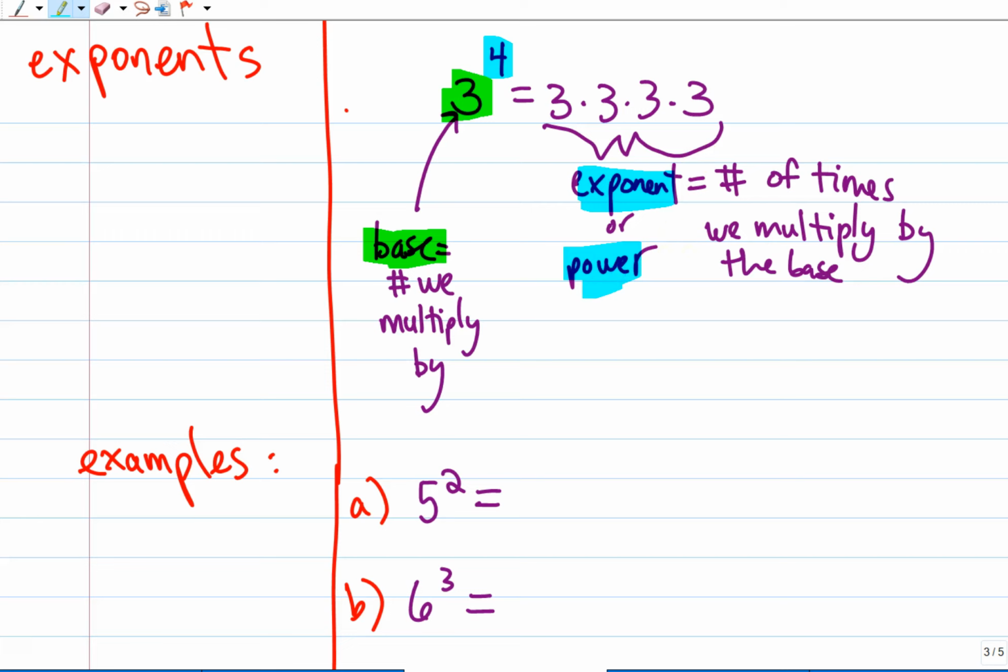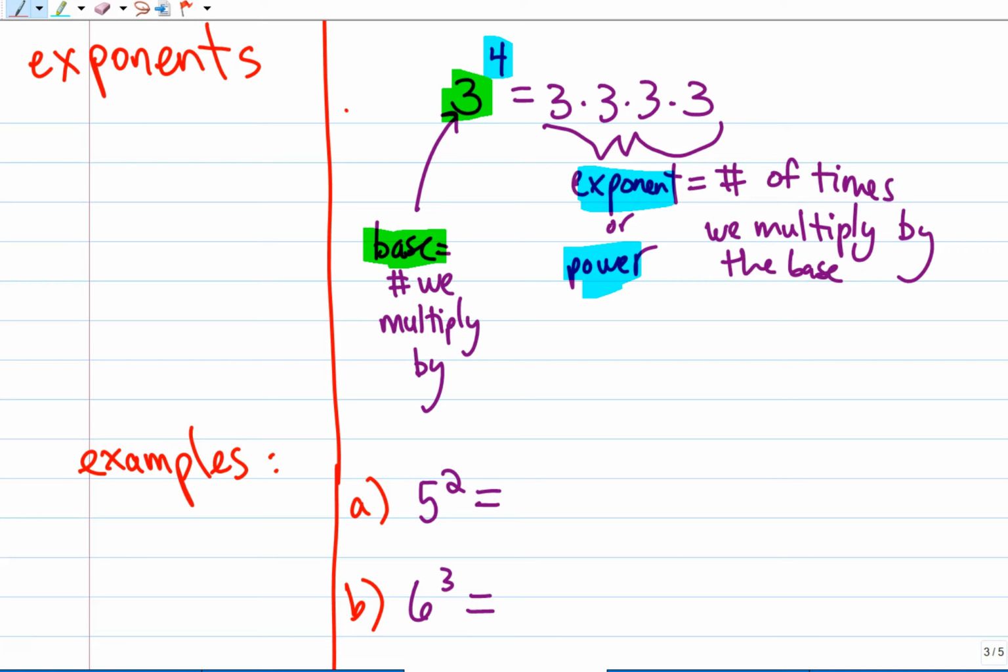So literally, 3 to the 4th does not mean 3 times 4. We already have something that means 3 times 4. It's called 3 times 4. 3 to the 4th power means what? Take the base, 3. We're going to multiply by 3 how many times? The exponent. We're going to multiply by 3 4 times. This literally means 3 times itself 4 times.